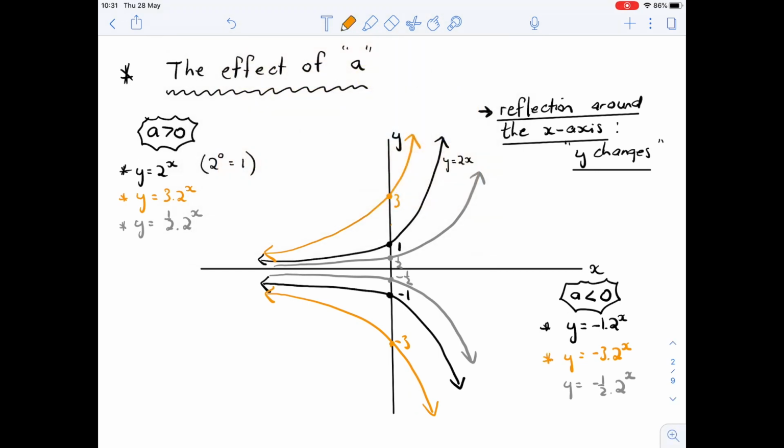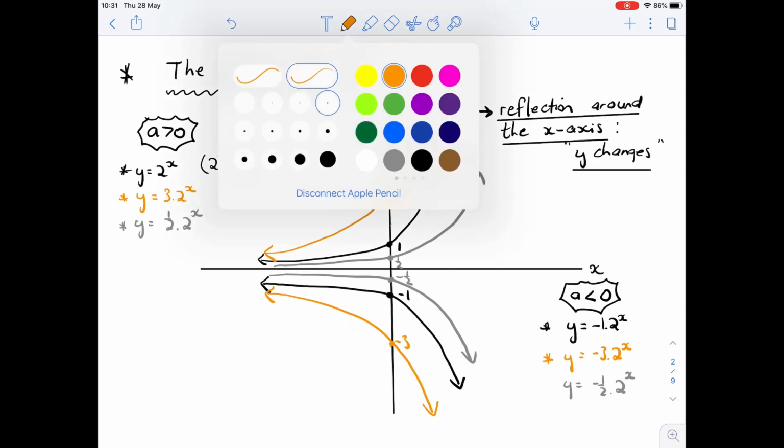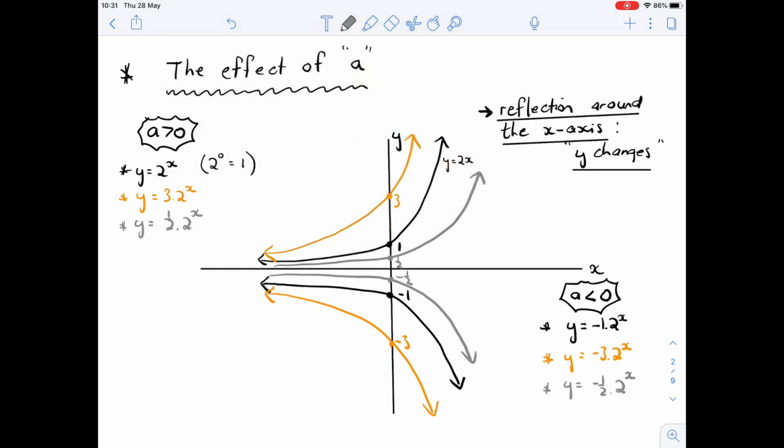So instead of going up and increasing, it becomes a decreasing graph. And similarly with the minus a half as well. That minus half means it's a reflection around the x-axis, and instead of increasing, it now decreases. It becomes a decreasing function. Okay, so that's the effect of a.